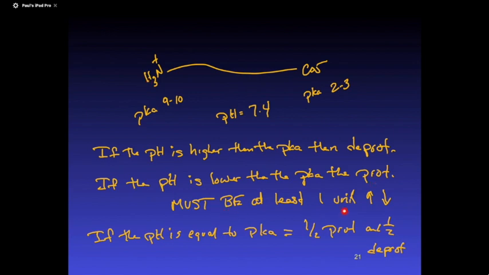But it has to be at least 1 unit value either up or down. So in this case, 7-ish is the normal pH. The 9 and 10, always protonated. The 2 and 3, always deprotonated. Now, that's all well and good for the C-terminus and the N-terminus of proteins, but there are all of these R groups.